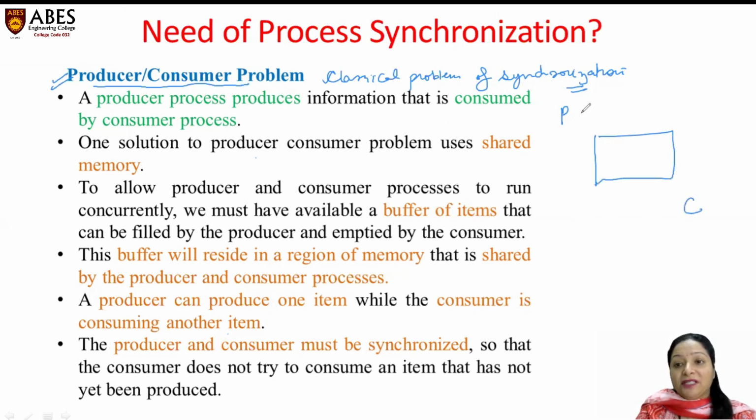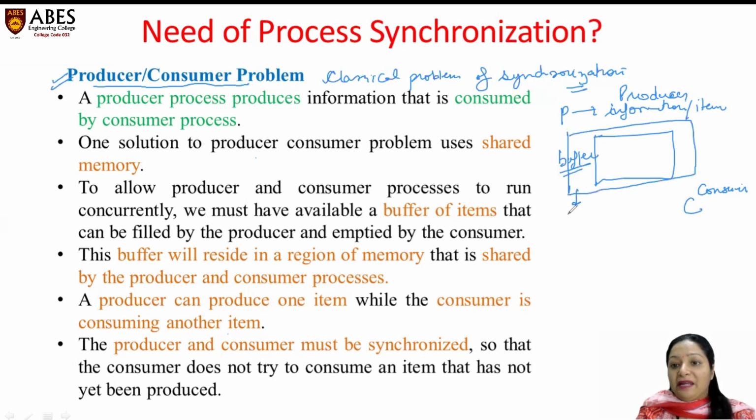The producer process produces the information, or we can say item, whereas the consumer process consumes the information. And we have a buffer, which is stored in the main memory and shared by both the producer process and the consumer process.